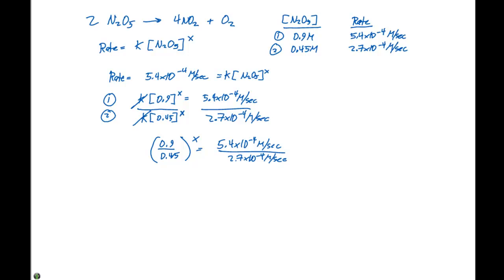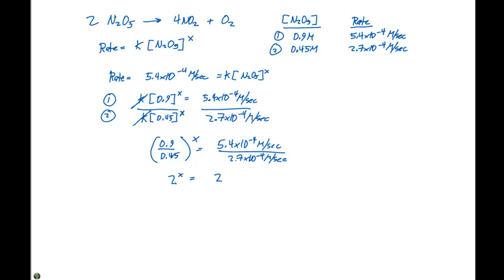So if we do 0.9 divided by 0.45, that's going to be 2 to the x power, which is going to equal 2. Just by inspection here, we know that x would be equal to 1, but sometimes it's not going to be quite that easy.